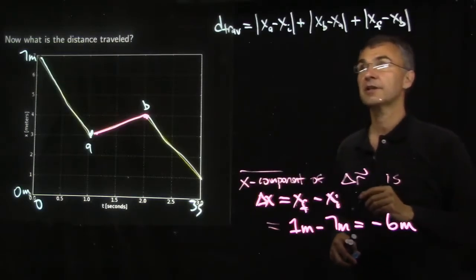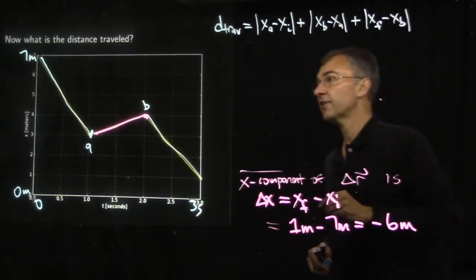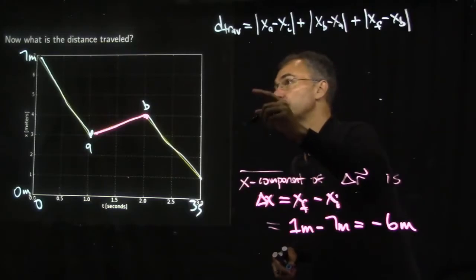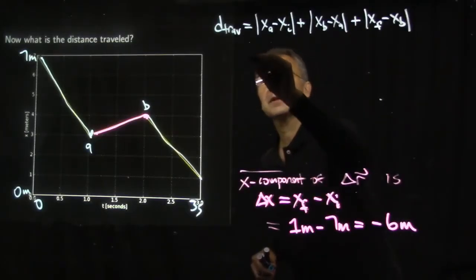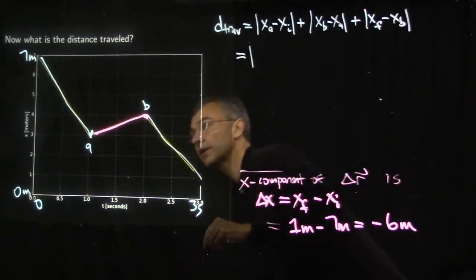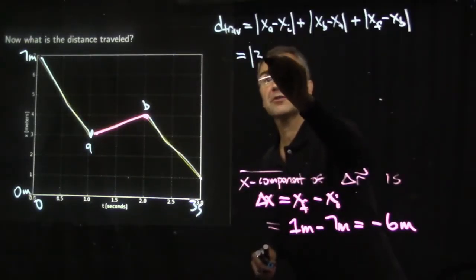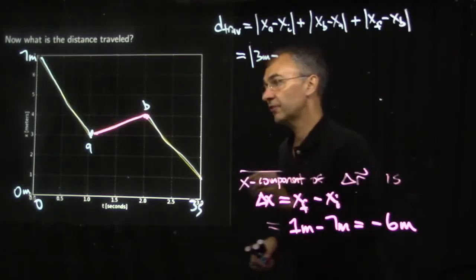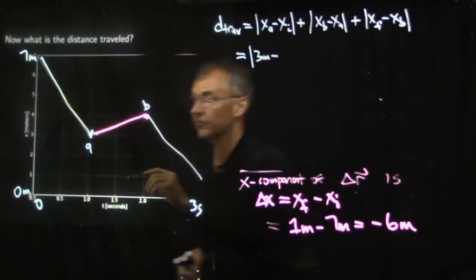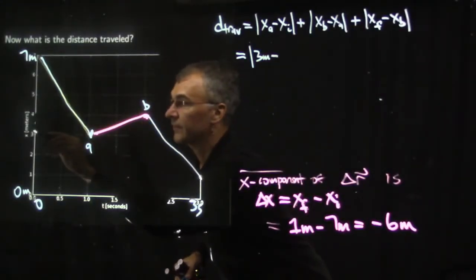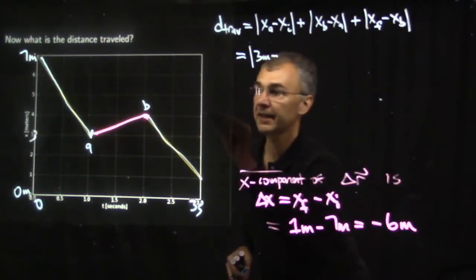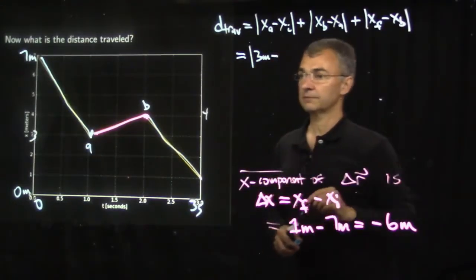So what is that? So this seems like this is 3 meters. 3 meters minus, whoops, that's 3, that's 4.